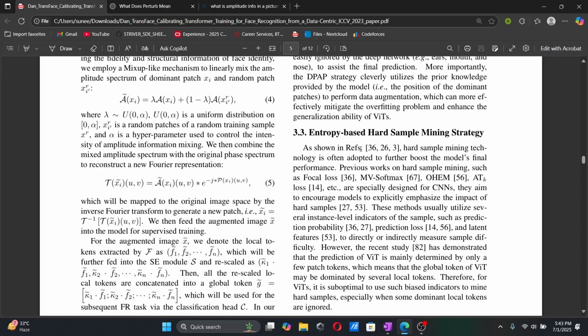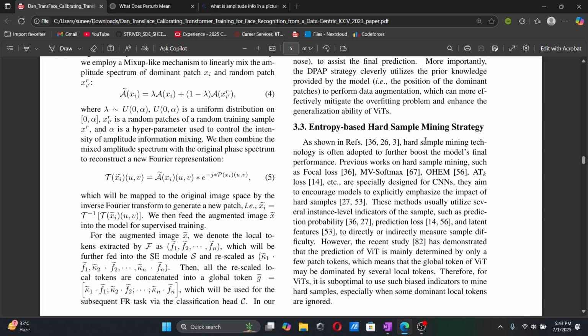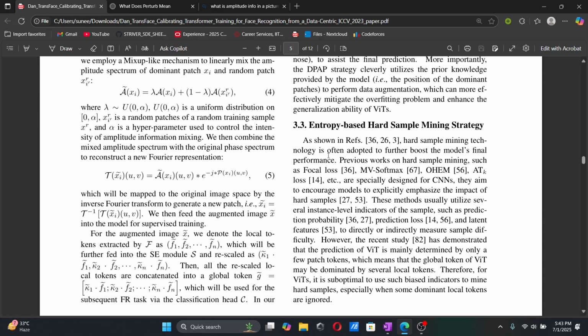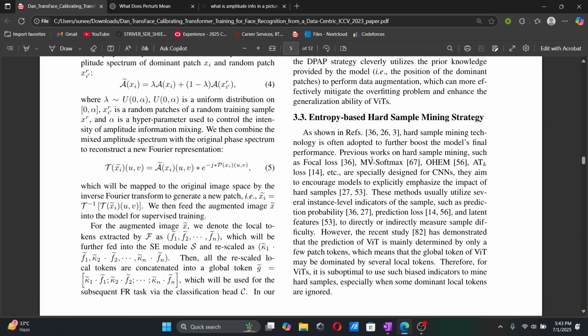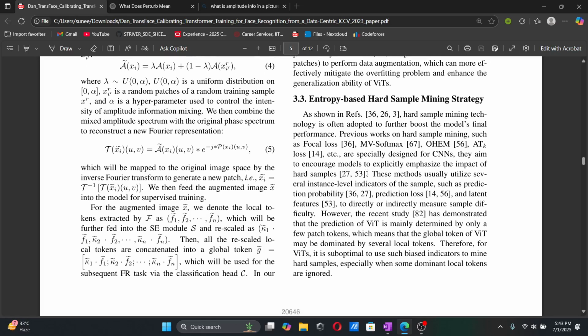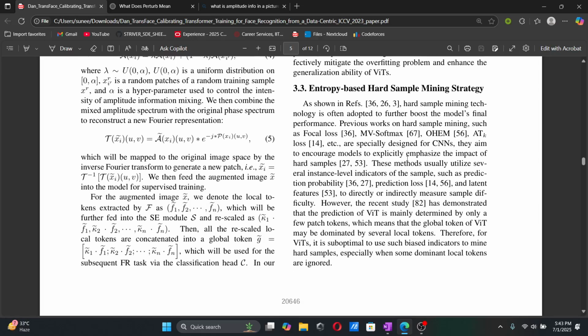Entropy based hard sample mining strategy. As shown in the reference, hard sample mining technique is often adopted to further boost the model's final performance. Previous works on hard sample mining are especially designed for CNNs. They aim to encourage the model to explicitly emphasize the impact of hard samples.